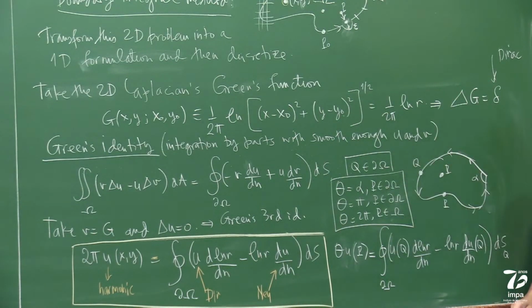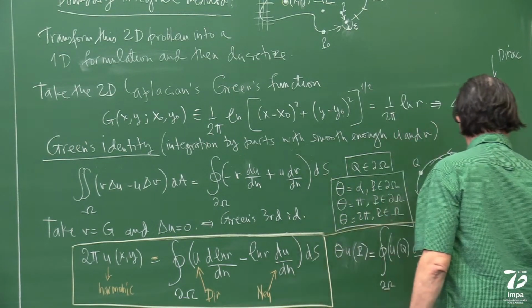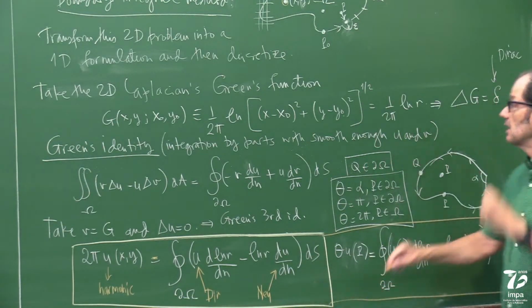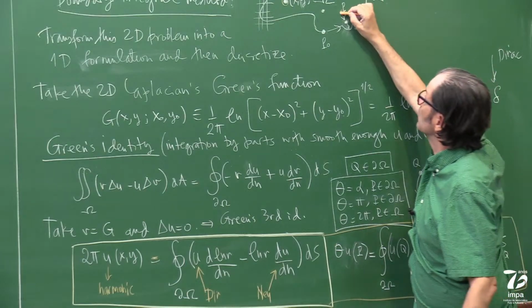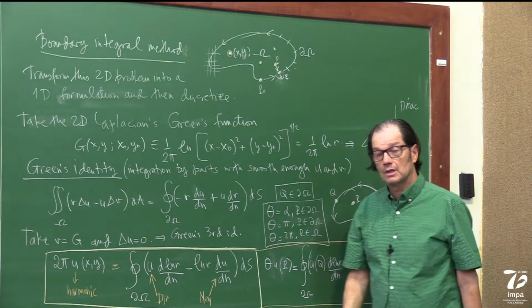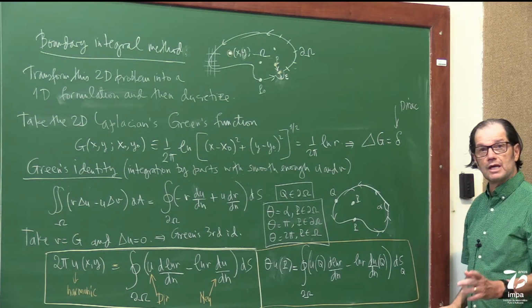So let me explain to you. So this expression here has this result plus the result when the point comes from the interior and goes all the way to the boundary. And what does this say? This is a nice formula because it has three cases.